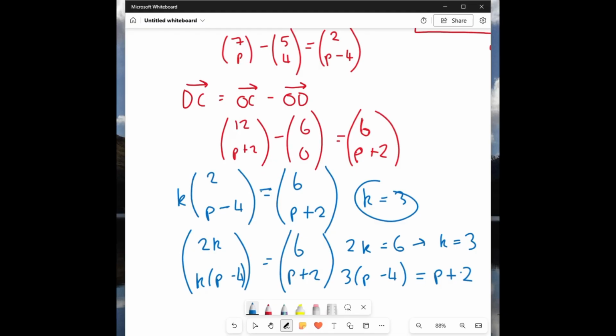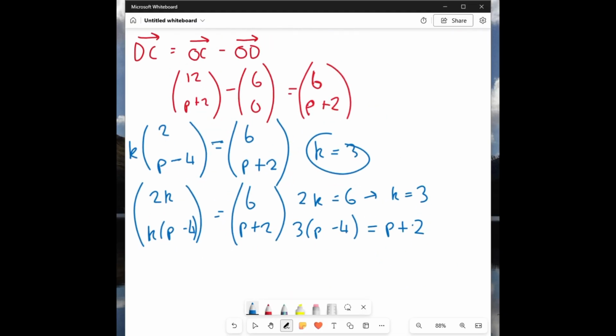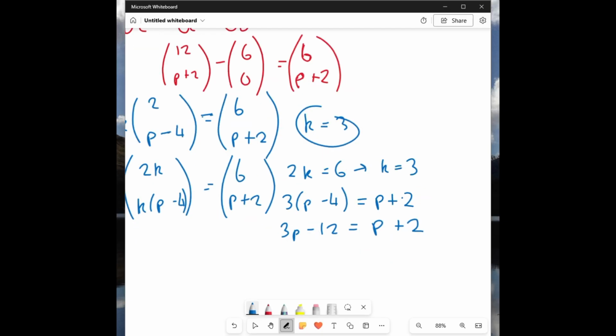So let's solve that equation there now. So we end up with 3P minus 12 is equal to P plus 2. And then let's just bung that all on one side. So that'll be 2p when I take that p and then add the 12. 2p is 14, so therefore p is 7.